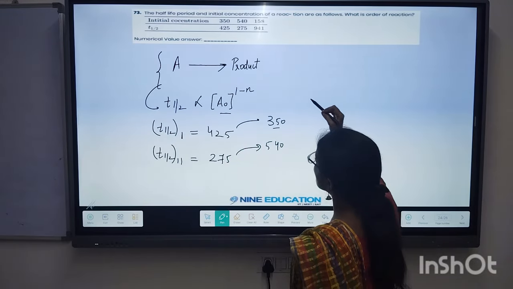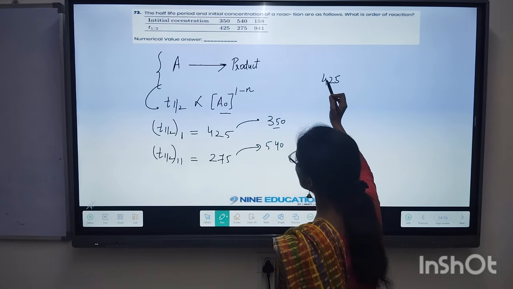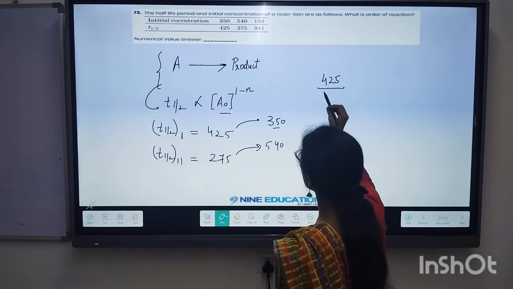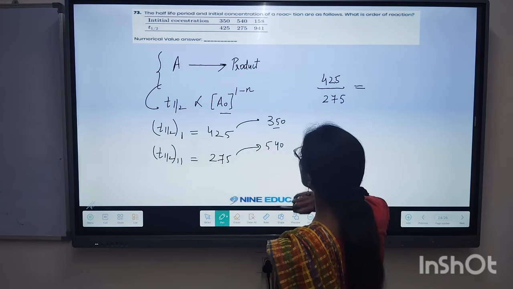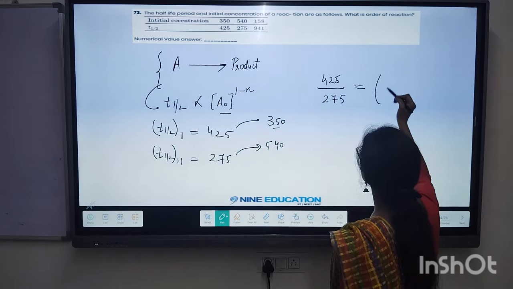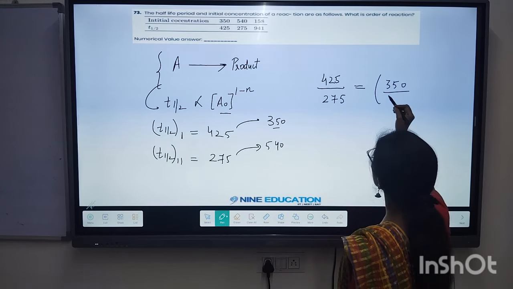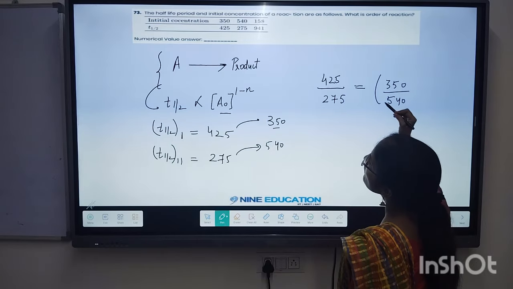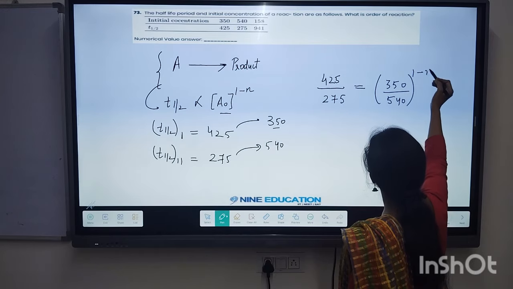So what we will have is T half-life 1 is 425 divided by 275, which should be equal to the ratio of initial concentrations, which will be 350 divided by 540, raised to power 1 minus n.